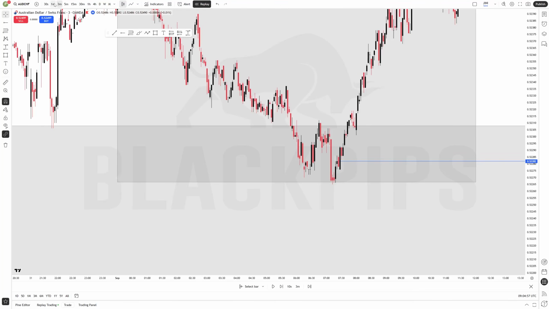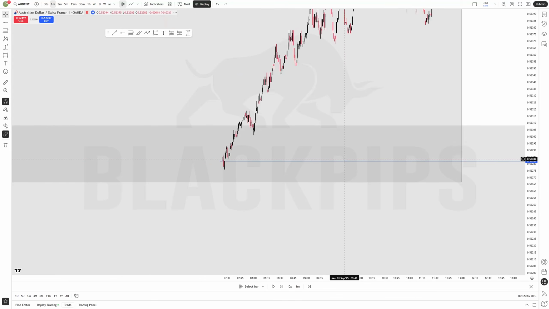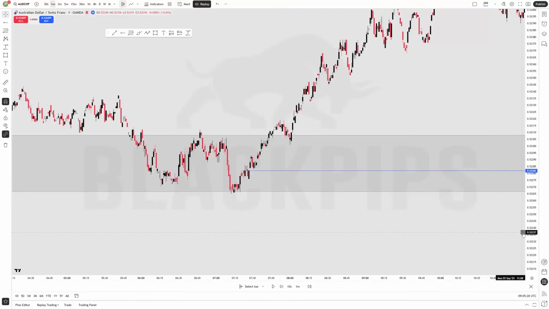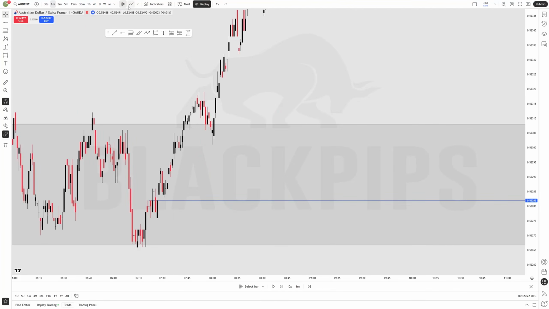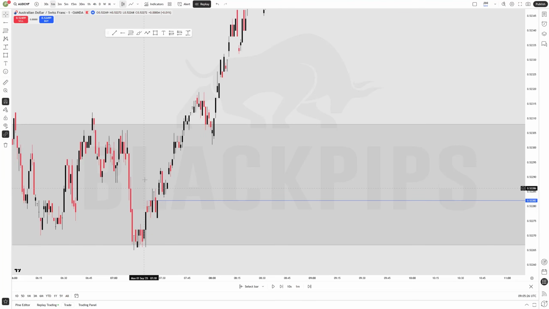But in order for me to be sure that this is not confirmed, because we see the wicks are overlapping, like you see. In order for me to be sure that this is the clear area for me to take, I'll go back to the 1 minute time frame to see if it is not yet taken. And what we can see in the 1 hour time frame is that this price was already taken.